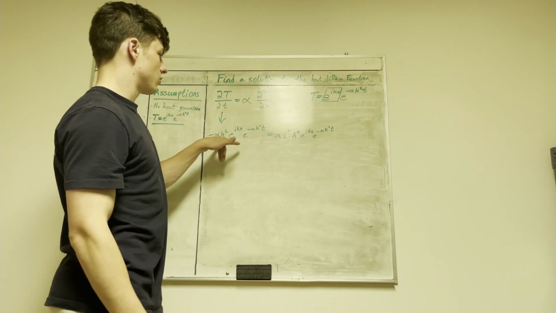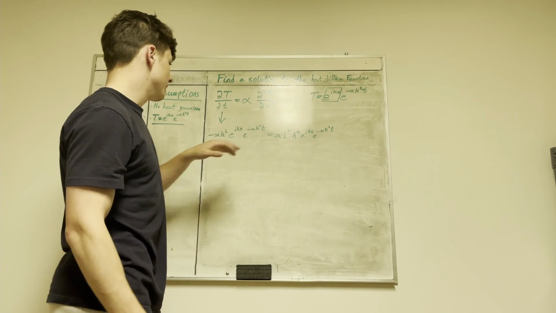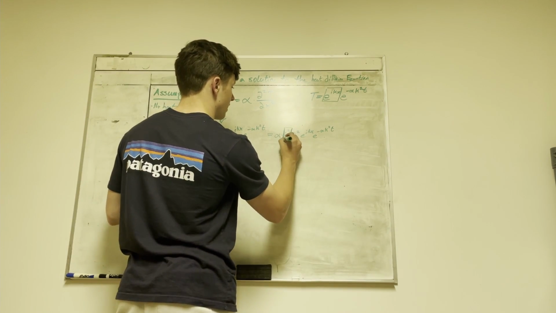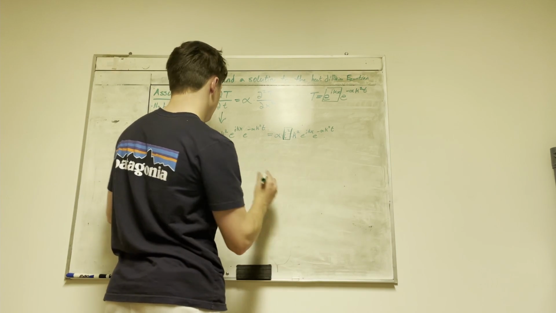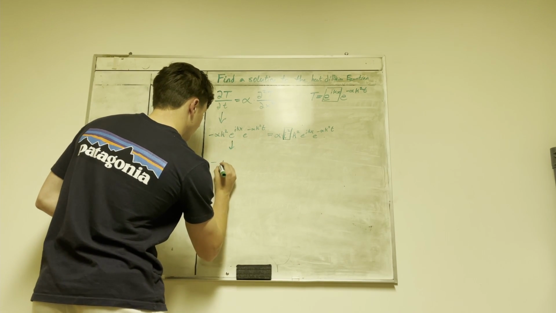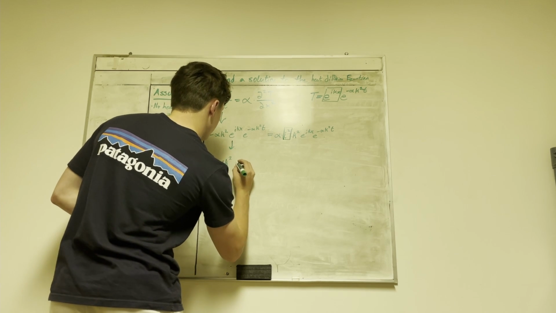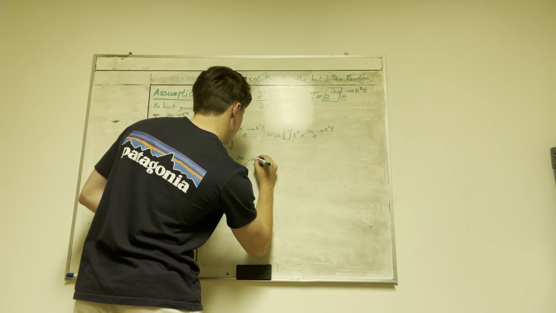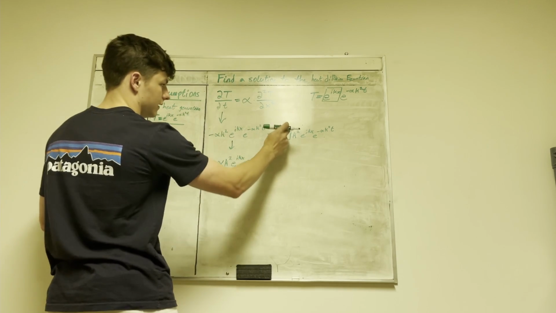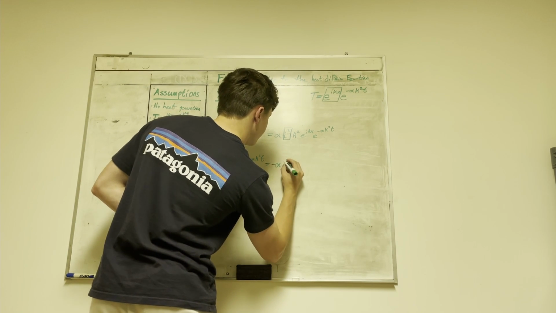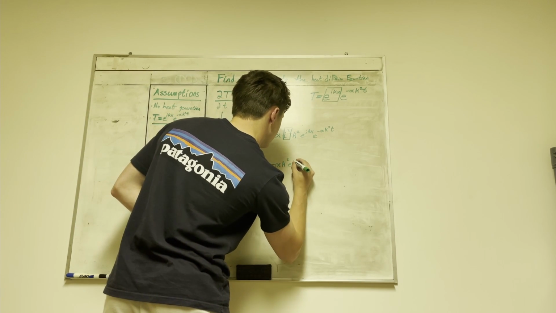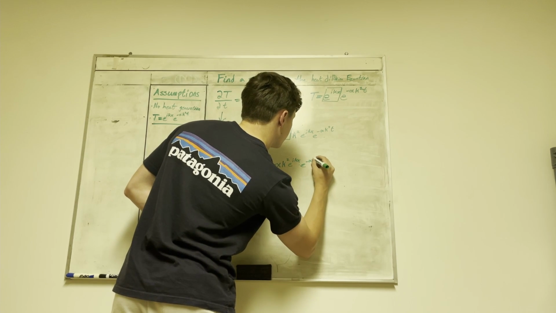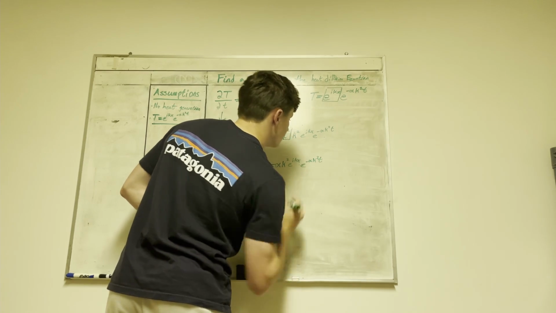Looking at this, it doesn't quite look the same. We have imaginary numbers on the right-hand side, but we don't on the left. But if we look here, this i squared will end up equaling negative 1. So then we have negative alpha k squared e to the ikx times e to the negative alpha k squared t equals, this becomes negative 1, so negative alpha k squared e to the ikx times e to the negative alpha k squared t.